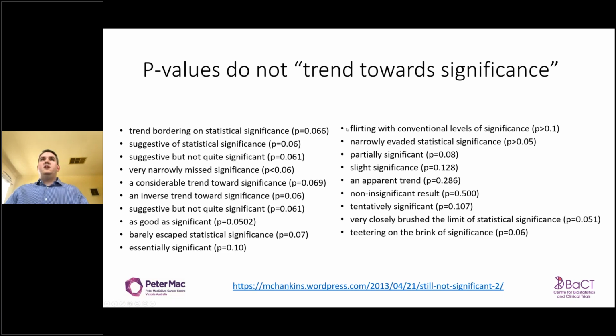But my favorite ones are flirting with conventional levels of significance, very closely brushing the limits of statistical significance, and teetering on the brink of significance. And as you can see here, the p-values actually don't matter that much when some of those authors are making those statements.